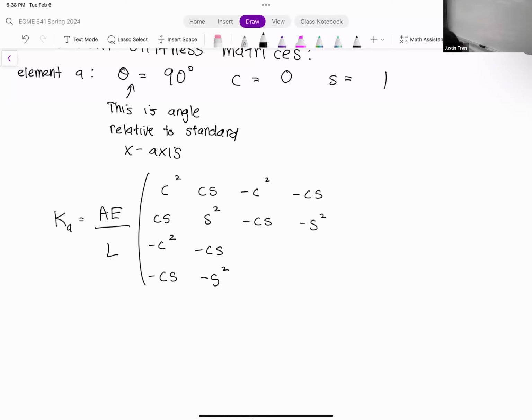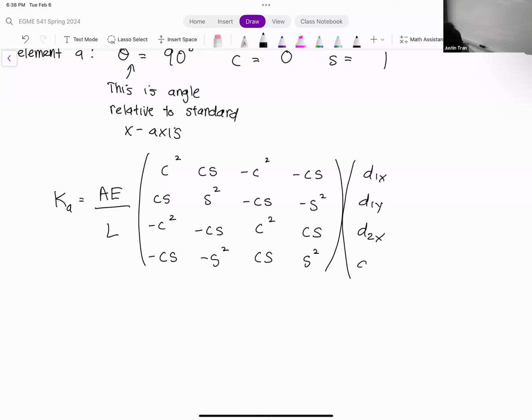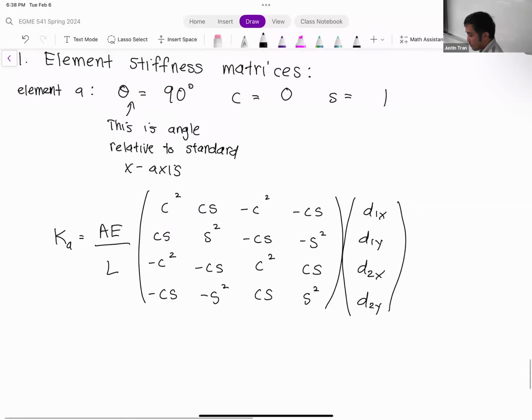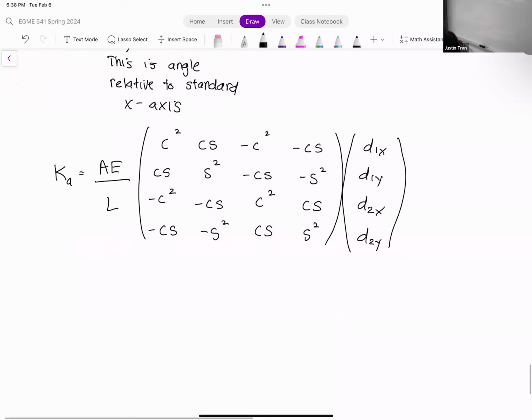If it seems like I'm writing these in a weird order, I'll go over that in a second. Let's do this first one from scratch, and then I'll show you a more efficient way to do it. Here we have d1x, d1y, d2x, d2y. I know we have to compute A E over L, but we'll do that in a second. The one I want to focus on is just the entries here. Let's plug in for sine and cosine.